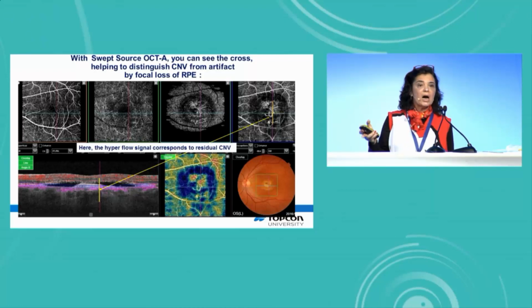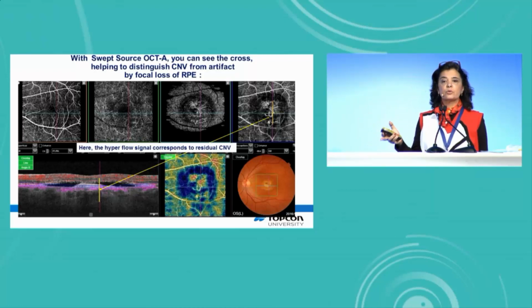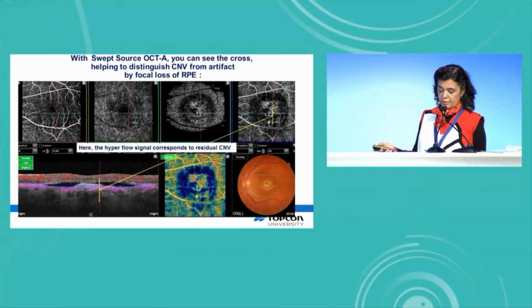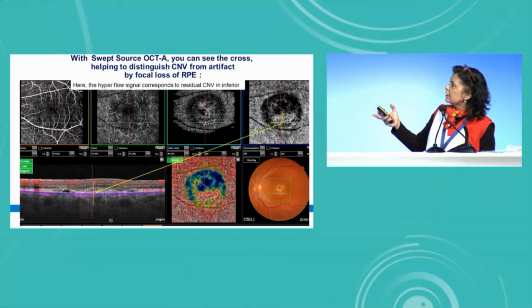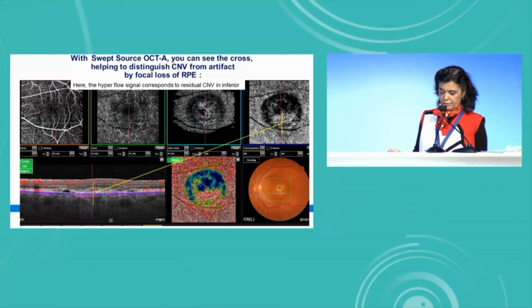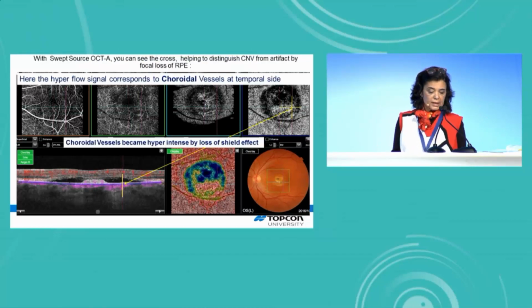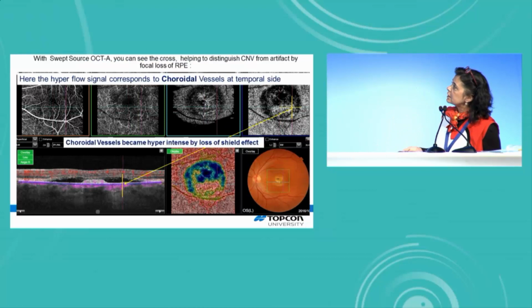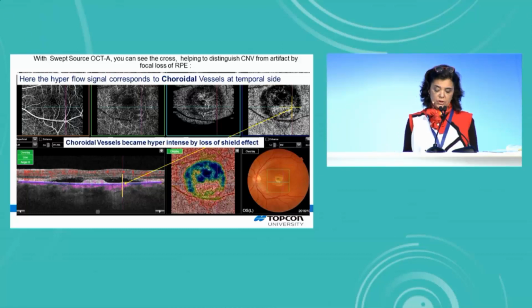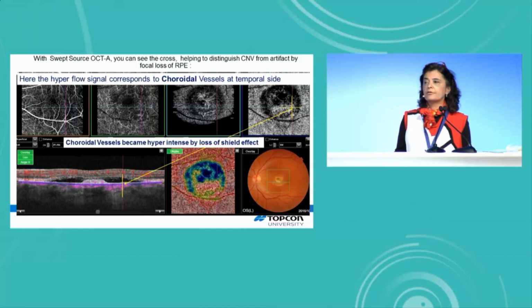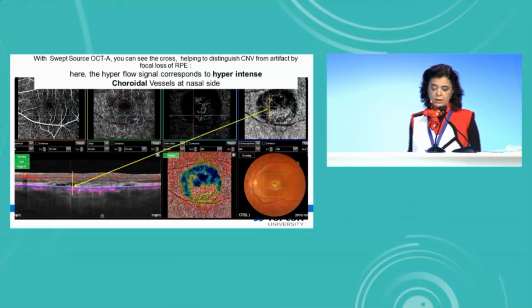Here, the hyperflow signal corresponds to residual CNV. Here, the hyperflow signal corresponds also in inferior to residual CNV. But at temporal side, the hyperflow signal corresponds to choroidal vessels. Choroidal vessels became hyperintense by loss of shield effect of RPE, also at nasal side.